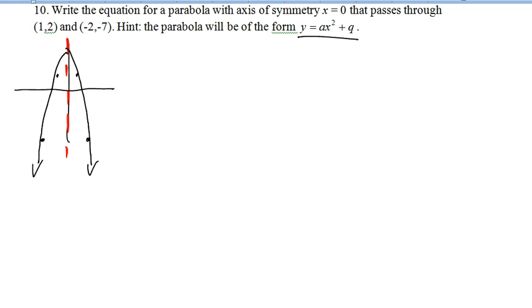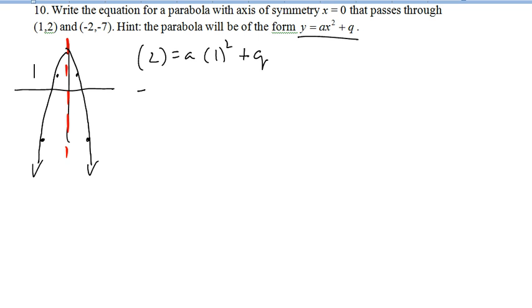Okay, and they've also given us a hint, because all our parabolas today have been of the form y equals ax squared plus q, because they've all had an axis of symmetry at x equals 0. So let's take our first point (1, 2) and put it into that equation. So we get 2 equals a times 1 squared plus q.